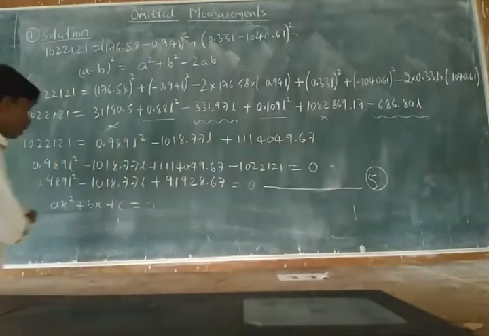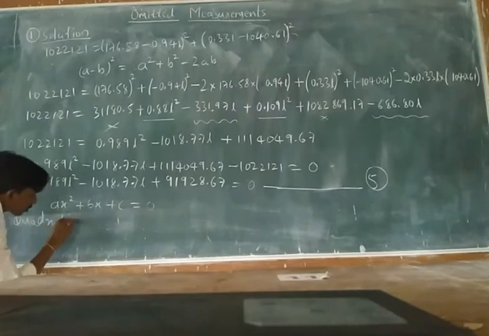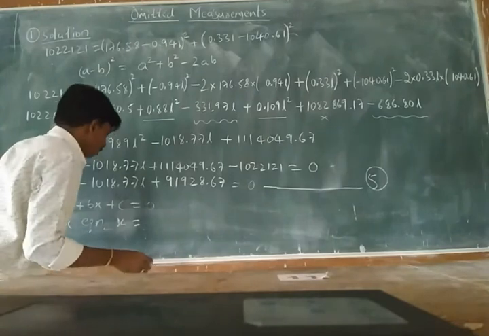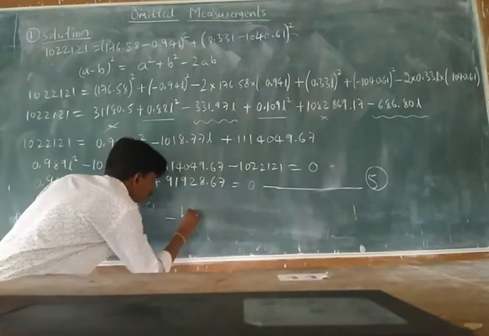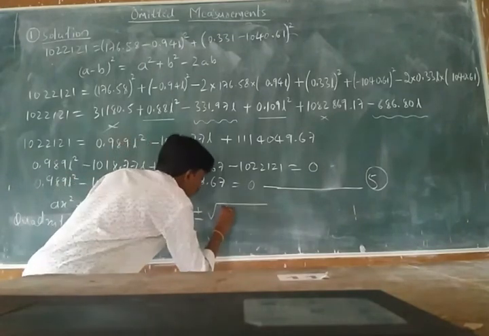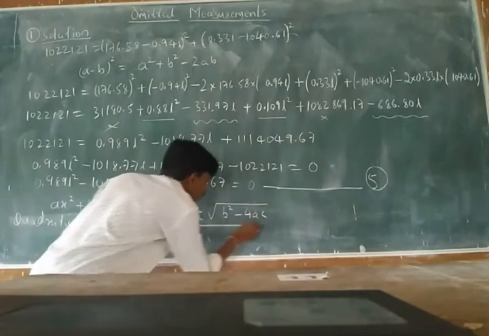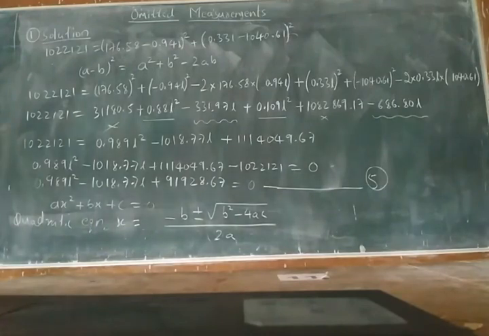So this is a quadratic equation. In the quadratic equation we can solve the x value. X is equal to the formula: minus b plus or minus under root of b square minus 4ac, whole divided by 2a.